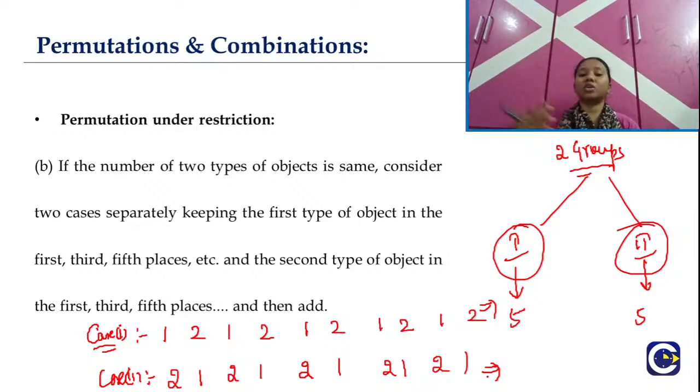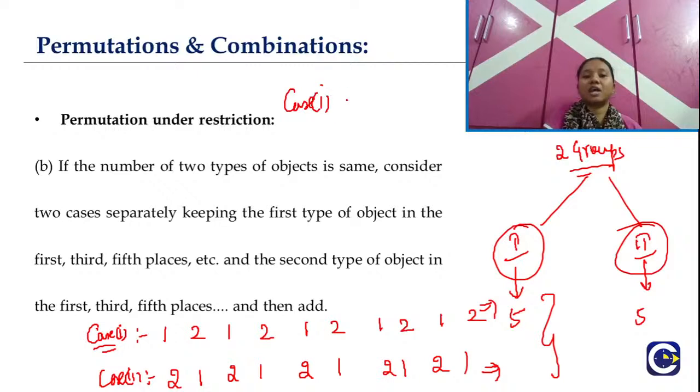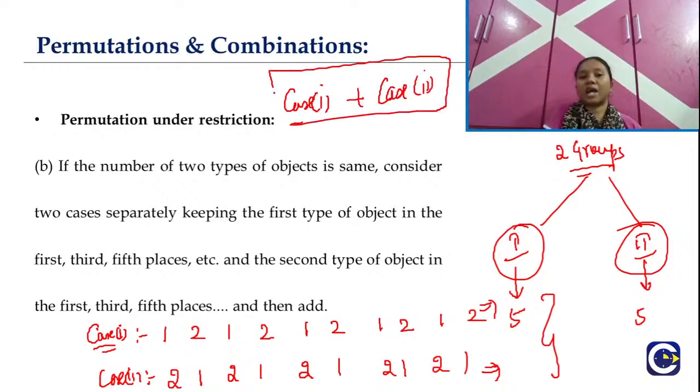To get the total arrangements so that we could arrange these two groups alternatively, we have to add the case 1 arrangements and case 2 arrangements. So that will be giving our total number of arrangements when we have two groups with the same number of objects. So that's how we'll be arranging them alternatively.